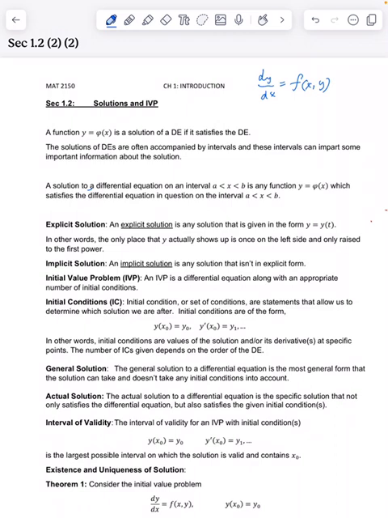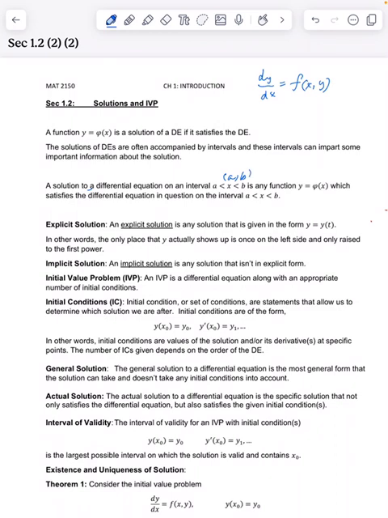Now, the solutions of a differential equation actually are accompanied by intervals, and these intervals can impart some important information about the solution. So since we are saying we have intervals, we say the solution to a differential equation on an interval (a, b).